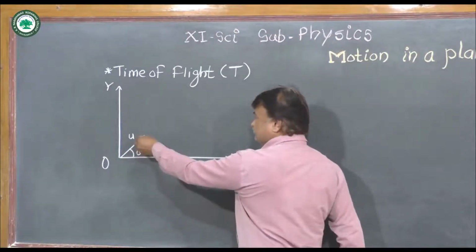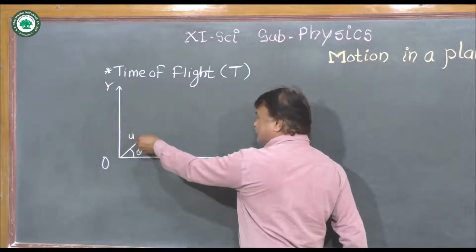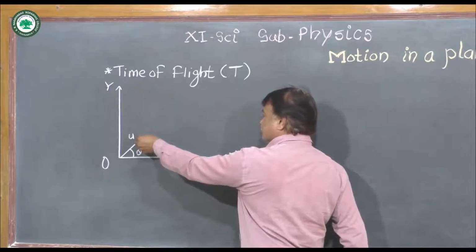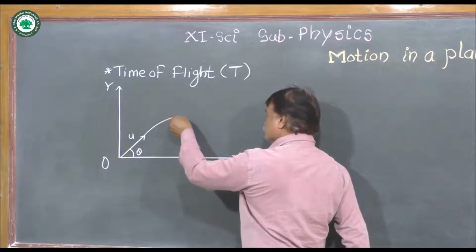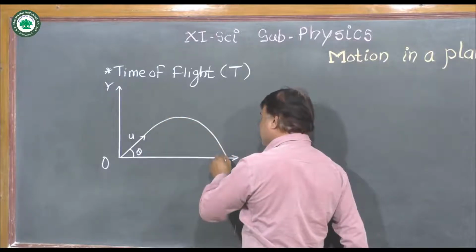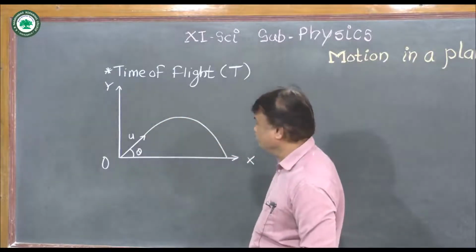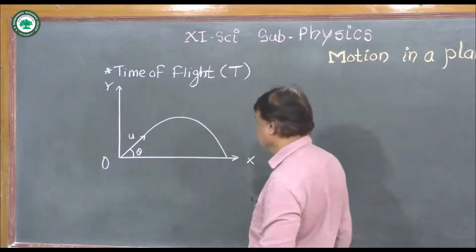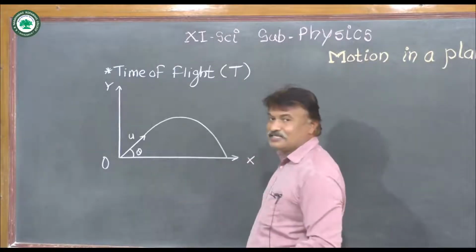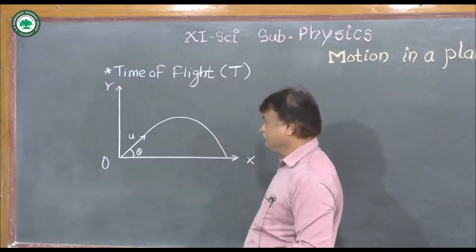In air, under the action of gravity, the motion of the object is along the trajectory like this one. This motion is called projectile motion.